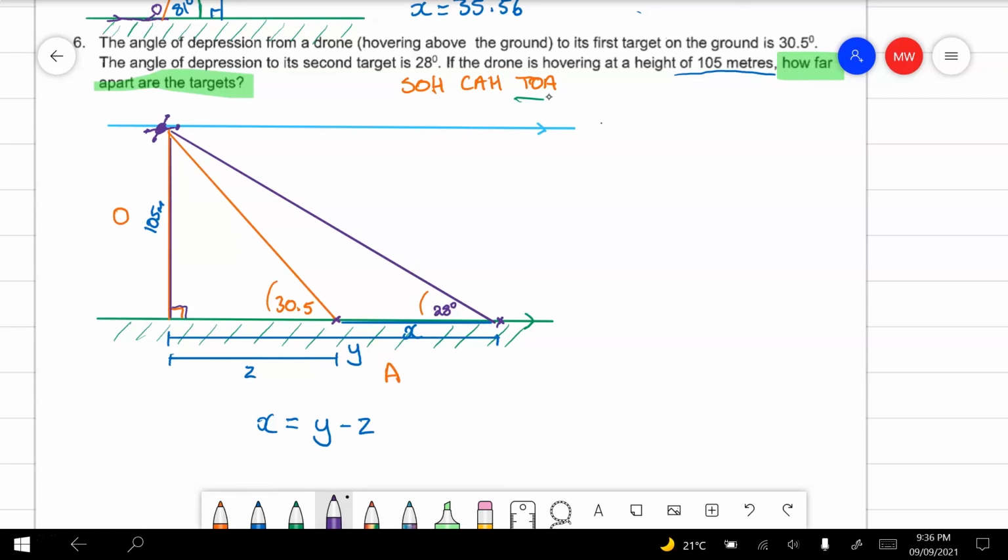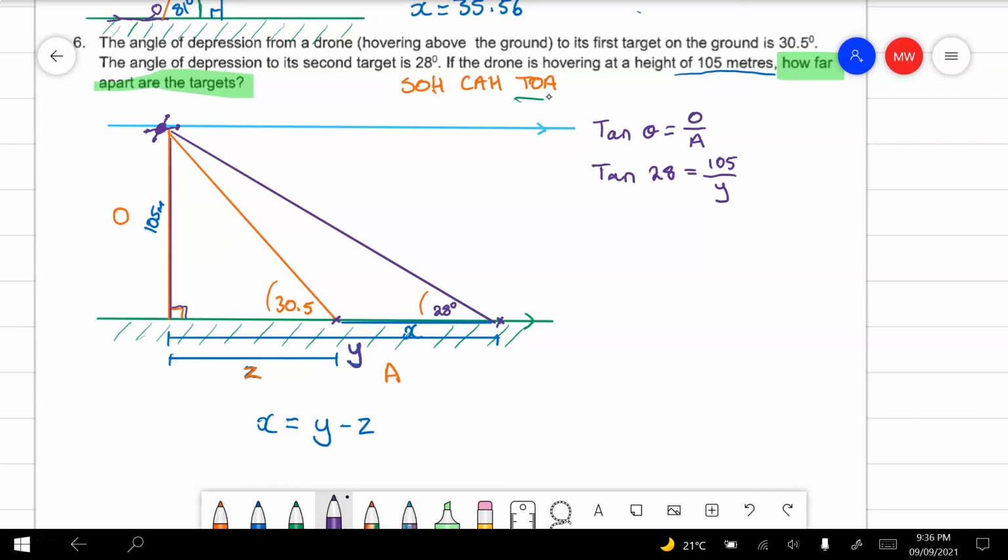So let's go. Tan theta equals the opposite over the adjacent. So tan 28 is going to equal 105 over Y, and remember the big triangle is Y, okay? So that one relates to that one, and Z relates to the small one.